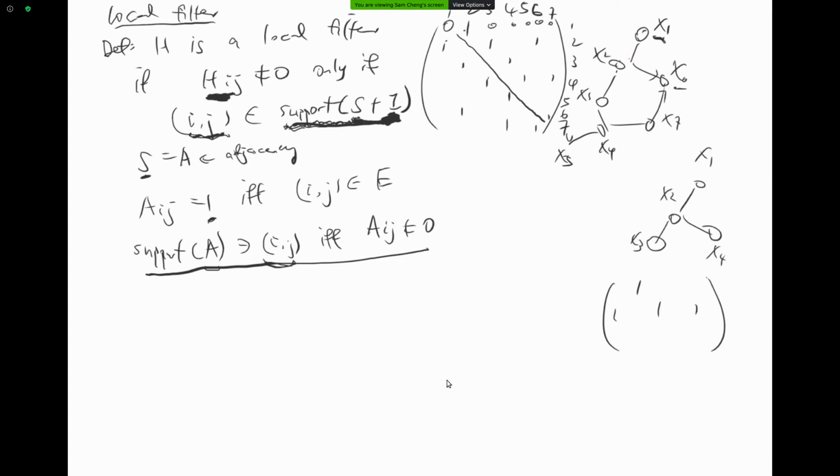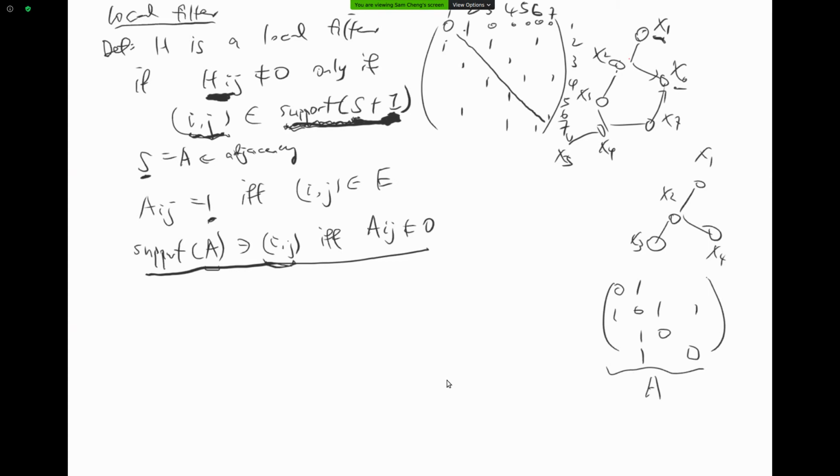And 3 connects to 2. So it's something like that basically, I think. And 4 connects to 2. I think I made a mistake here. So it should be this here. So this is the A matrix, or in my case it's also the S matrix here.